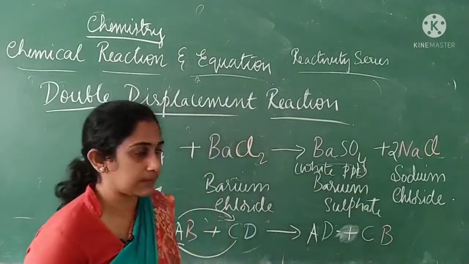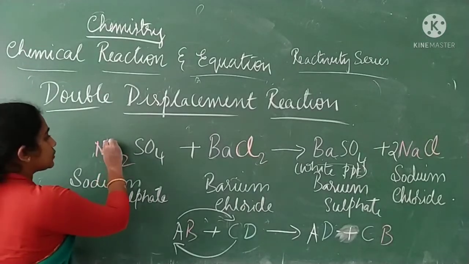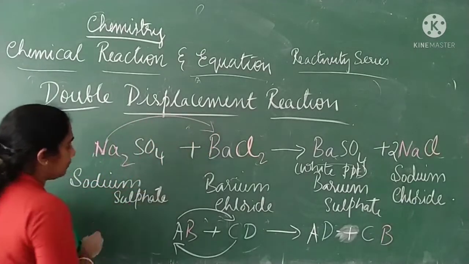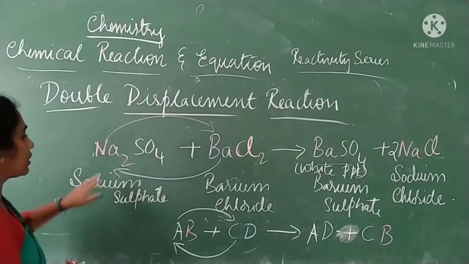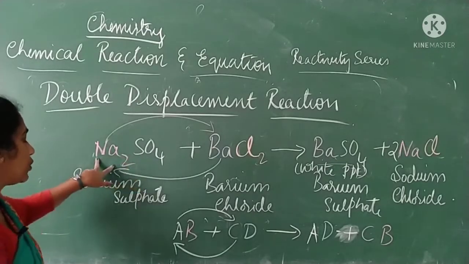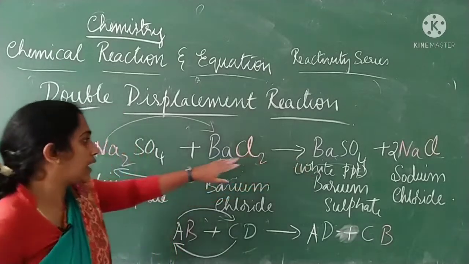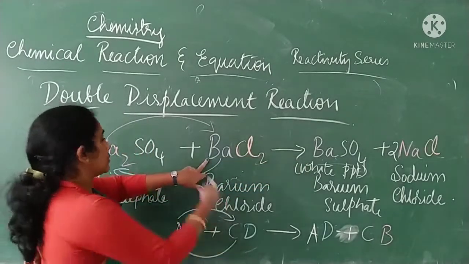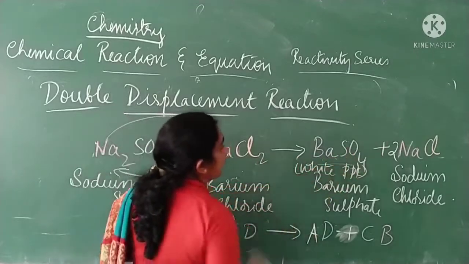And a clear solution of sodium chloride as a product. Here the mutual interchange is that sodium occupies the place of barium and barium occupies the place of sodium. In sodium sulfate, barium occupies sodium's place, hence you get barium sulfate. In barium chloride, sodium occupies barium's place, and instead of barium chloride you get sodium chloride.